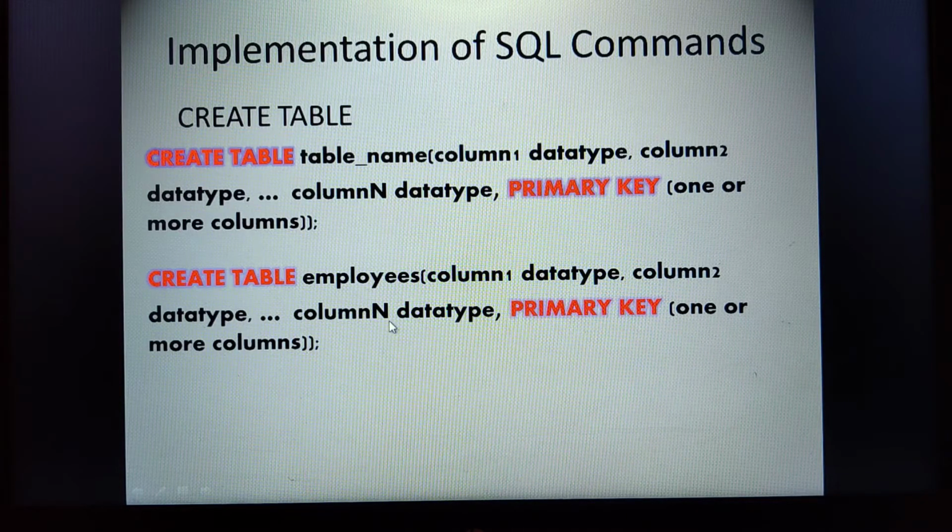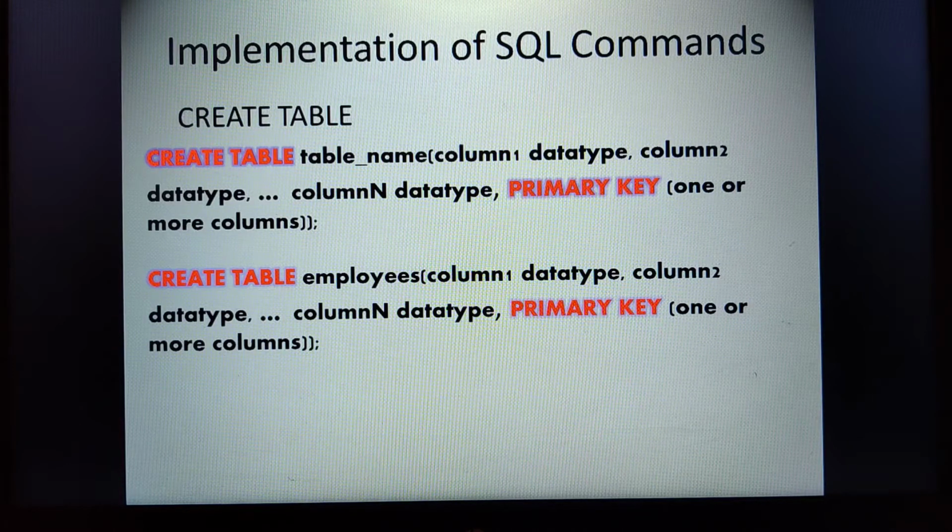So here is an example where I have chosen my table name to be employees. It can be employee also. So create table employees and further you can give any column name and then you can specify the constraint if there is one.